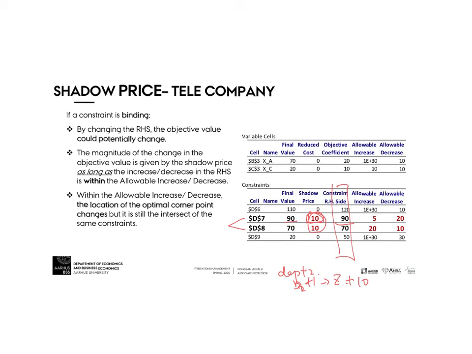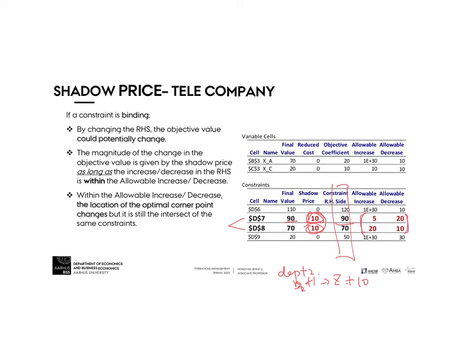It's the same for the Astra's production capacity constraint. Within the allowable increase and decrease, the location of the optimal corner point changes, but it's still the intersection of the same constraints. That's the meaning of the allowable increase and decrease for binding constraints.